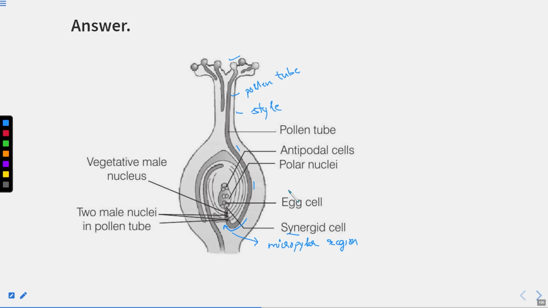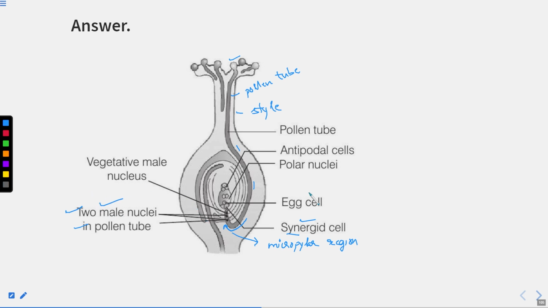The pollen tube will enter the ovule through the micropyle. First, it will enter the filiform apparatus, which is present in the synergid cell, and then it will release the two male gametes. Two male nuclei are present here, you can see in the pollen tube. Then, when the pollen tube enters the ovule, it will break and release the two male nuclei.